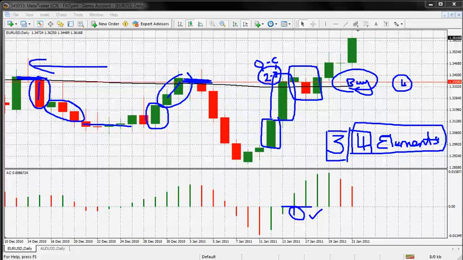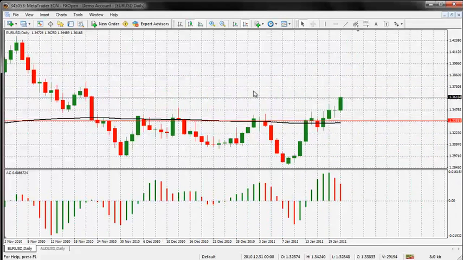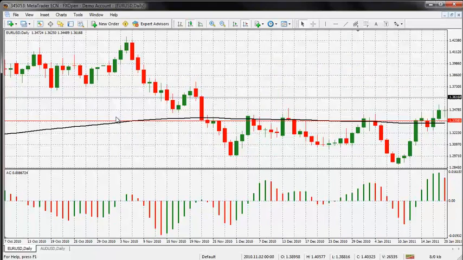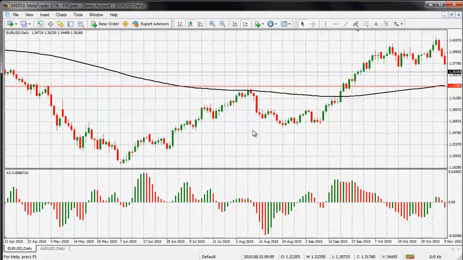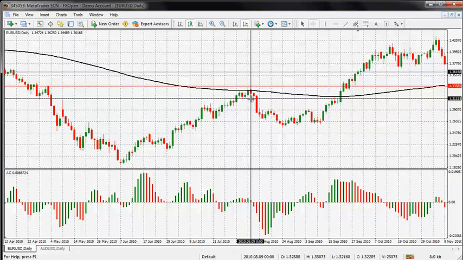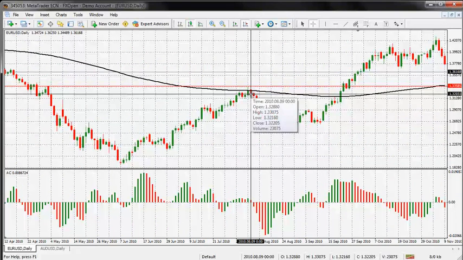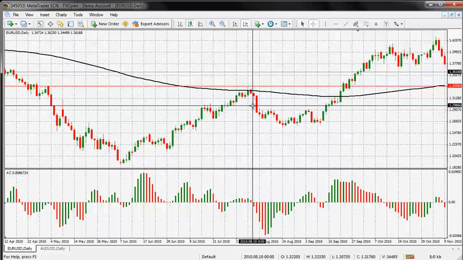So with that being said, let's go back and see if we can find as many of those 4 elements as possible. I'm going to get my crosshair tool out, and I can see that this one here closed above, but it opened above the line.